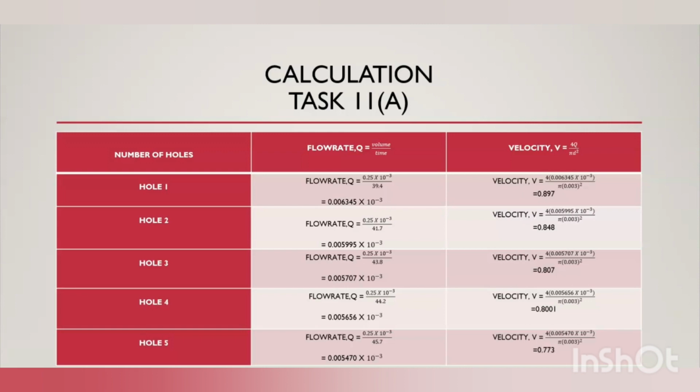And the velocity for hole 1, we use the equation of 4Q over pi d squared. We insert the flow rate value into the equation.